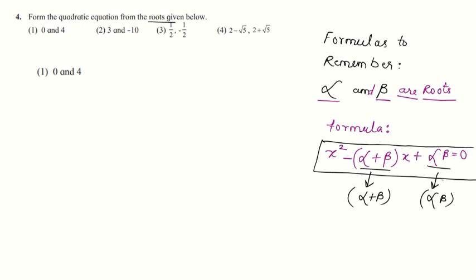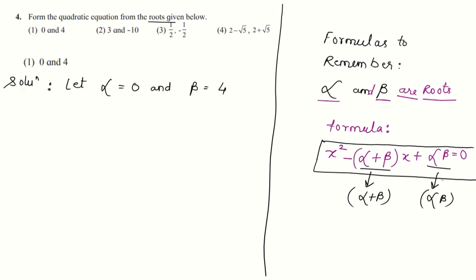Let's try and understand how we will do that. As we go and solve the questions, you will be able to understand it more clearly. The first question: the roots given are 0 and 4. Solution: let alpha be 0 and beta be 4.